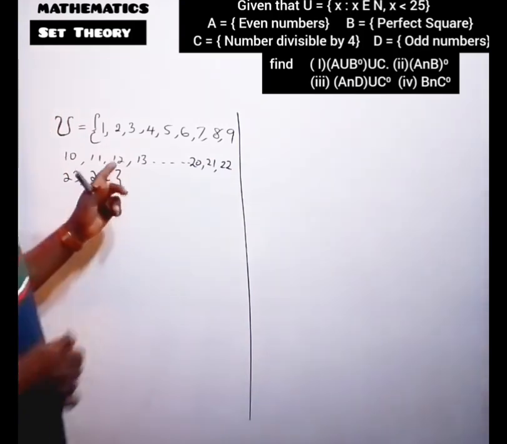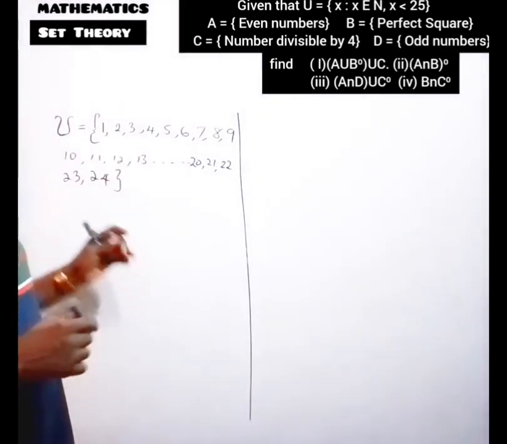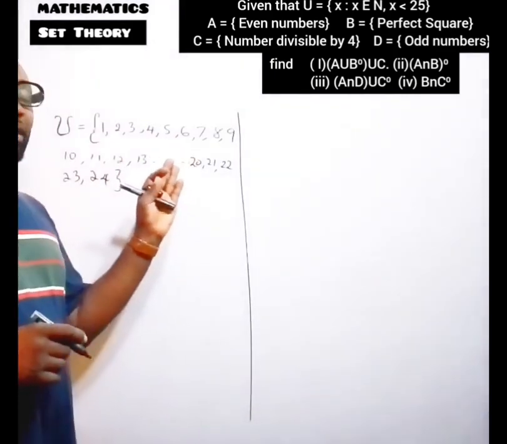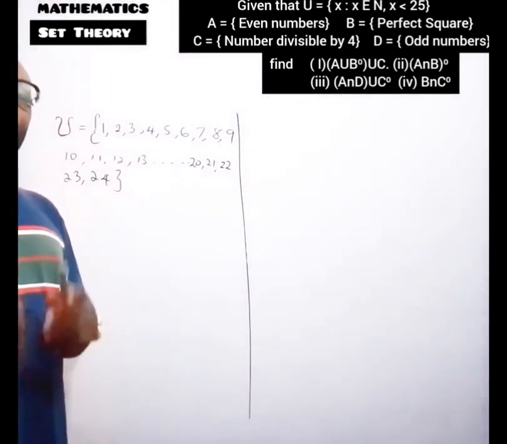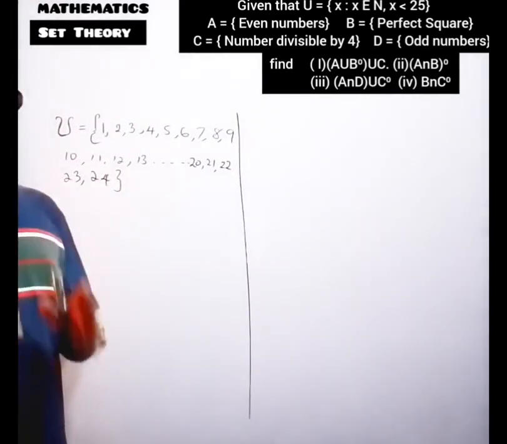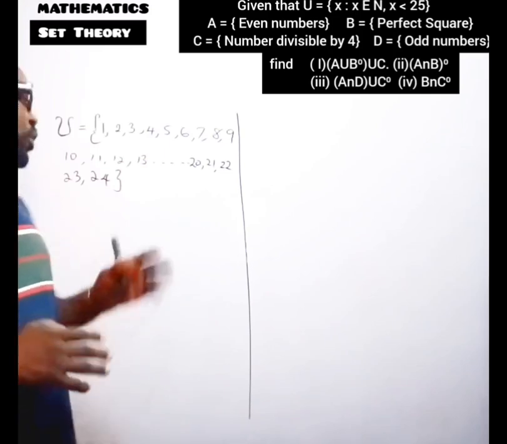Don't forget that from the set notation of the universal set given to you, it has been stated that X is less than 25. So you must not write 25 as part of the numbers, because the question has stated that it is less than 25. So you have to stop at 24.